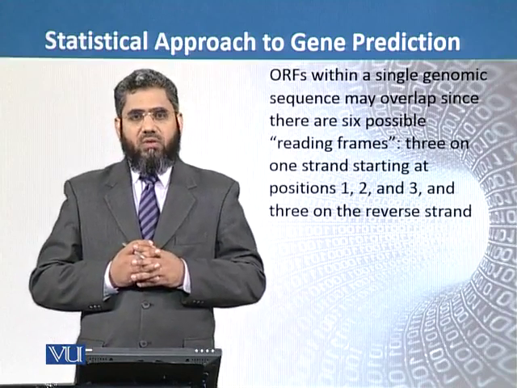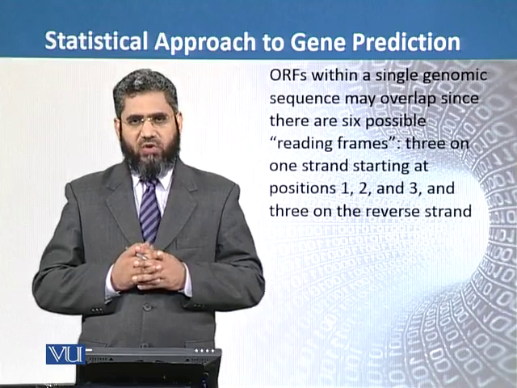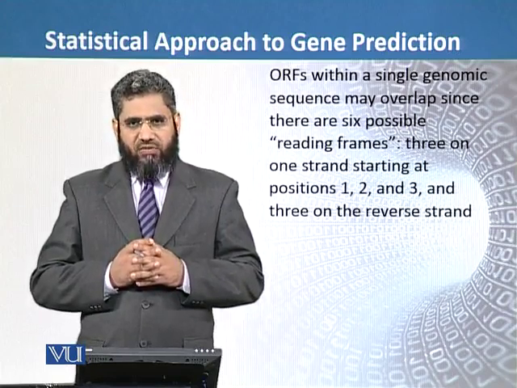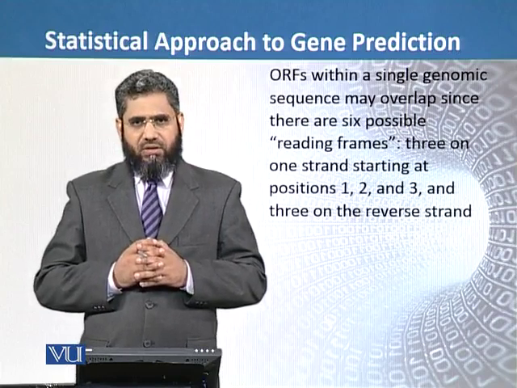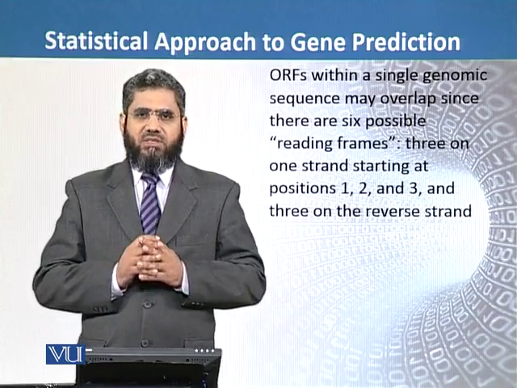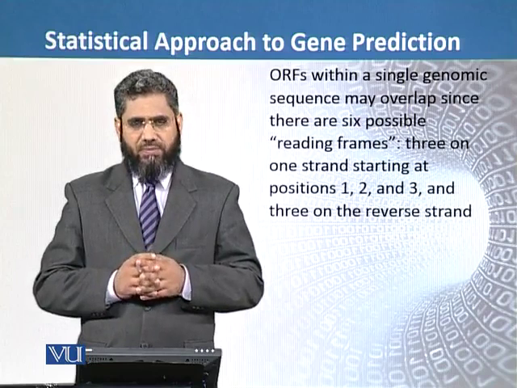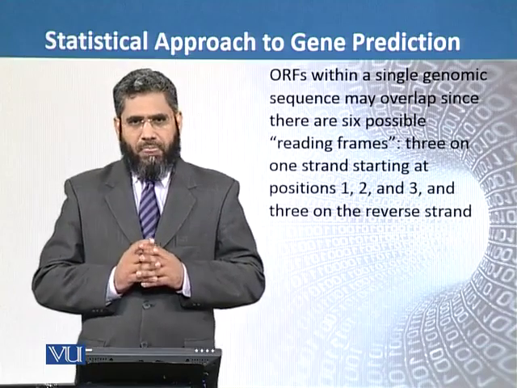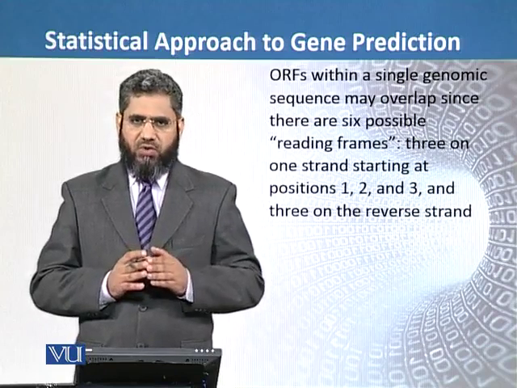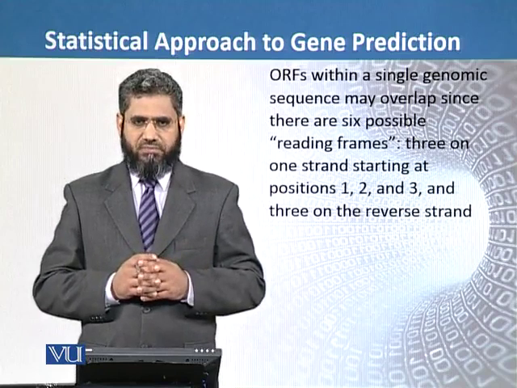And we also know that open reading frames overlap, because after transcription and then the process of translation, 6 frames are generated. These 6 frames, 3 start from the right side and 3 start from the left side.